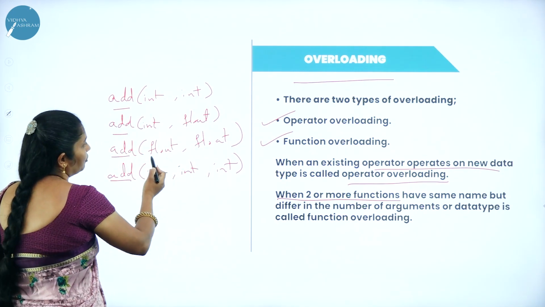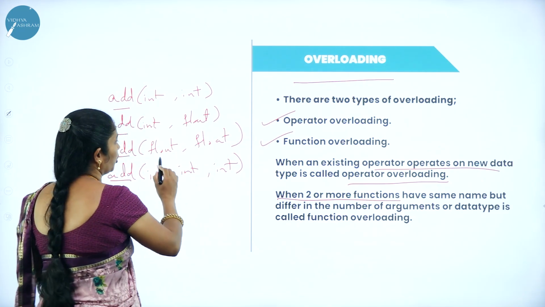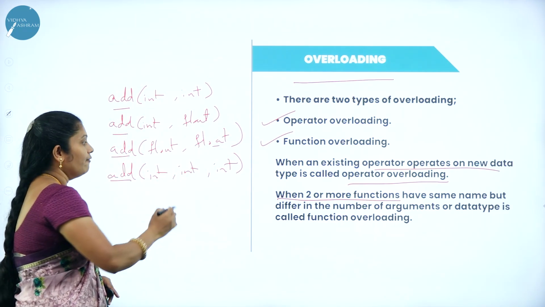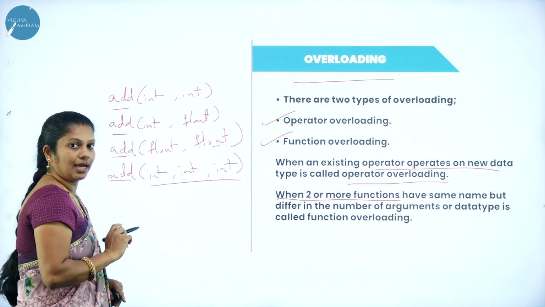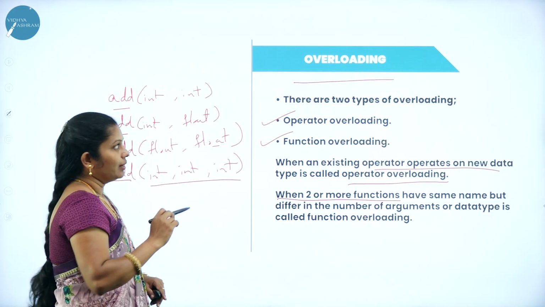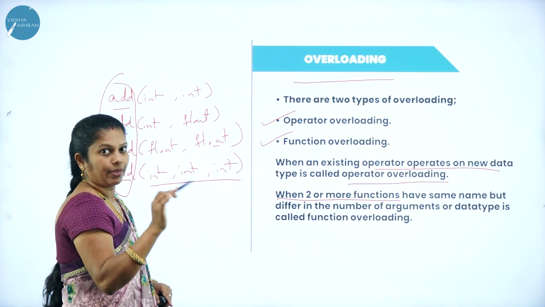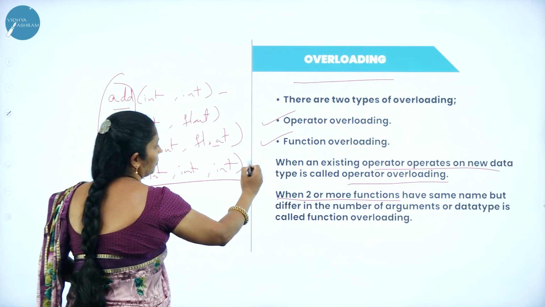In the third one, both arguments are float. In the fourth case, we have 3 arguments, all integer. Then the common thing is all the function names are the same, but they differ in number of arguments.